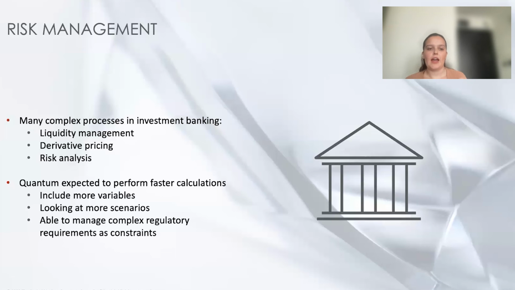We're looking at the number of variables. We're looking at, well, can a quantum computer perform this faster than a classical machine? Are they able to perform it more accurately? Are we just looking at larger scenarios? Depending on your use case, it's going to depend whether you're interested in speed, accuracy, or size.